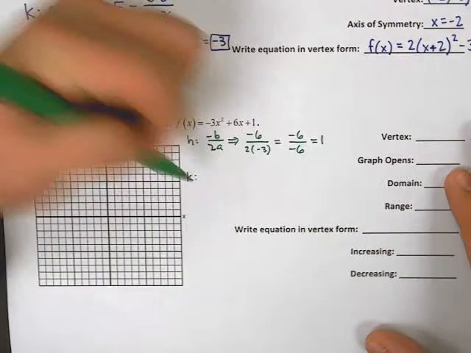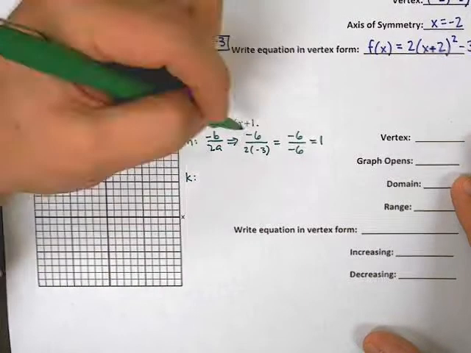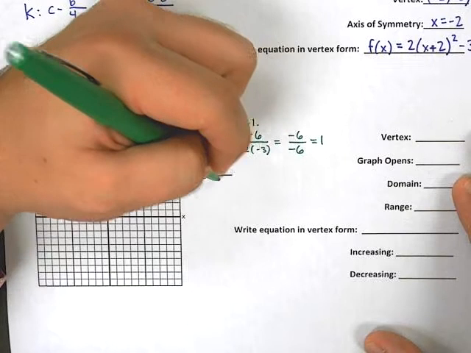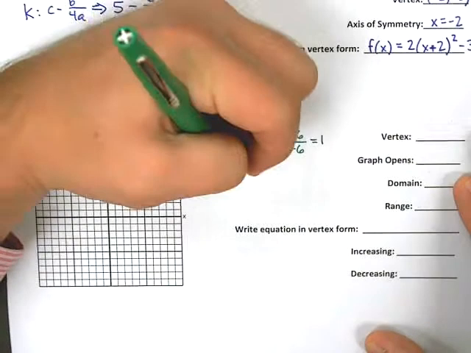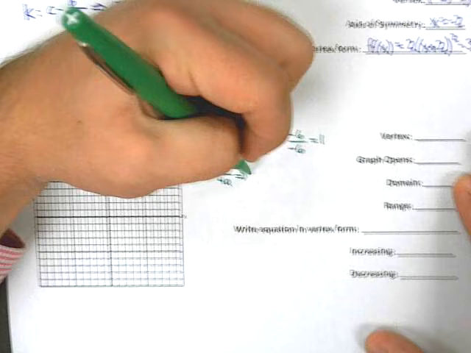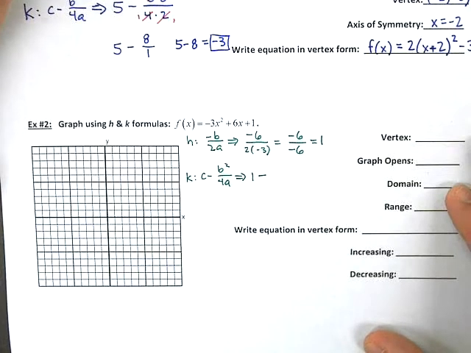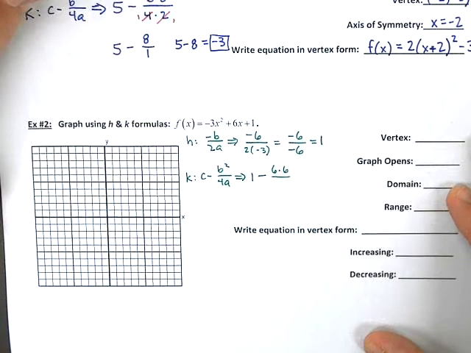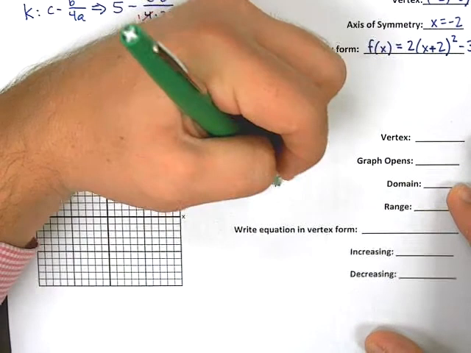K, again, is a little bit more work, but we can do this. We know it's going to be c minus b squared over 4a, or 1 minus, now b squared. So 6 times 6 over 4 times negative 3.